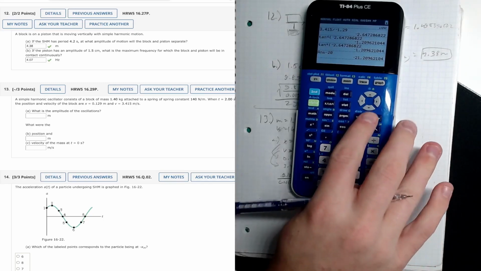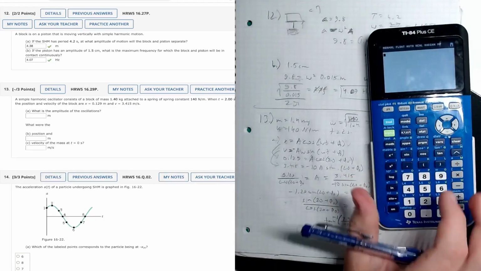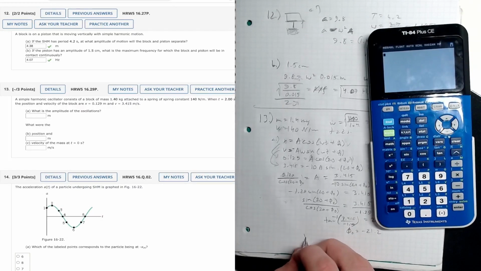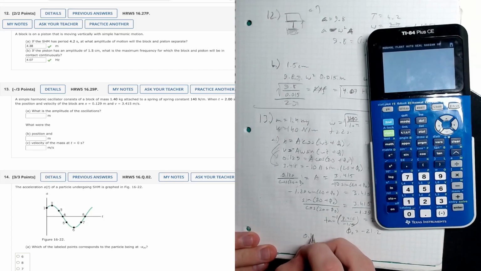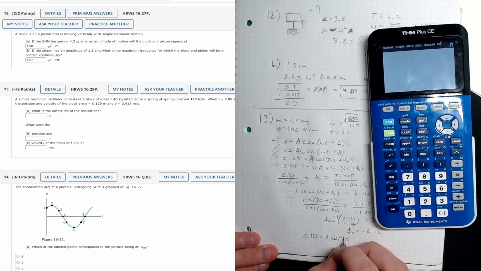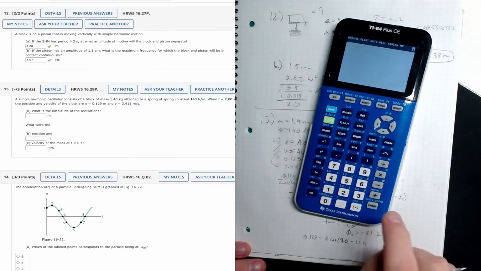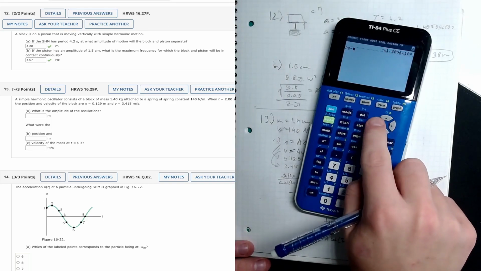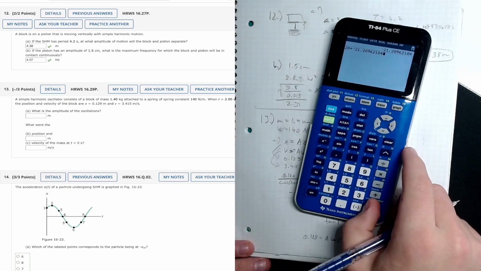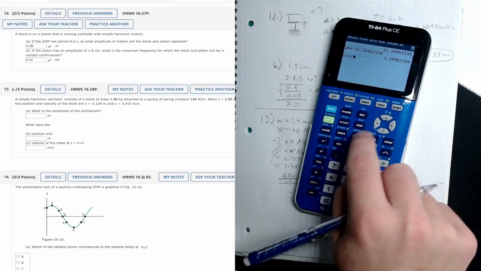In this case, put that back into our equation to solve for A. We'll use the displacement equation: 0.129 equals A cosine of 20 minus 21.2. Then 0.129 divided by the cosine of that.